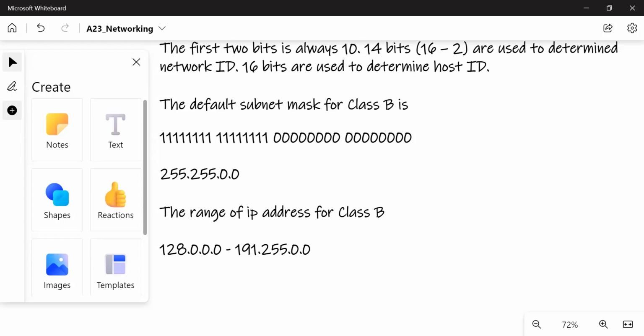When it comes to class B network, we are going to allocate 16 bits for the hosts.